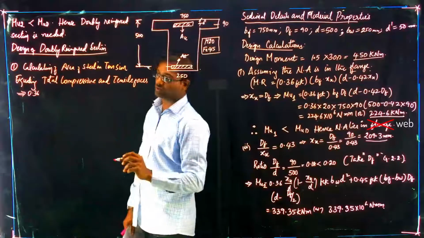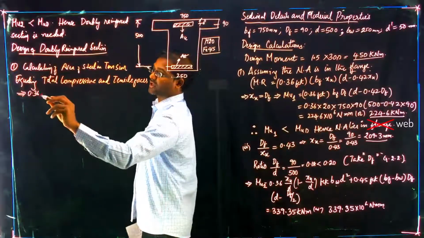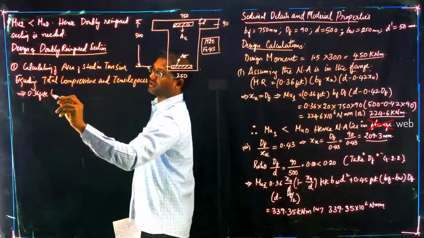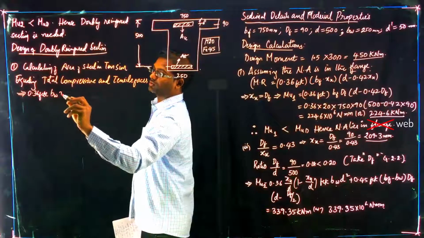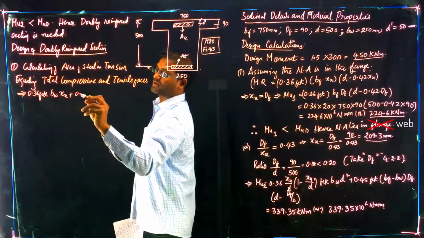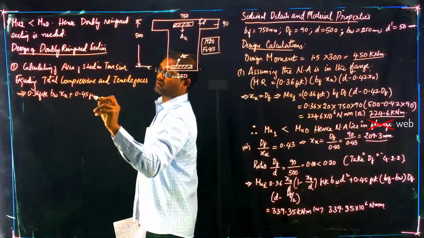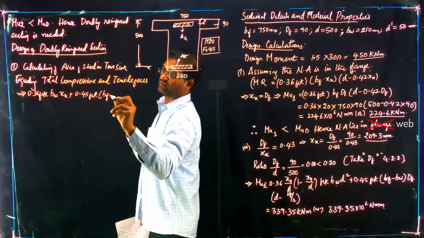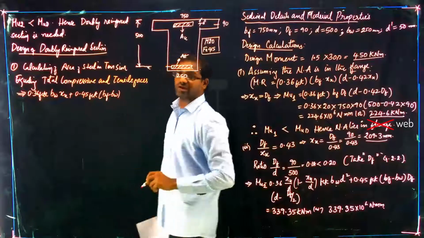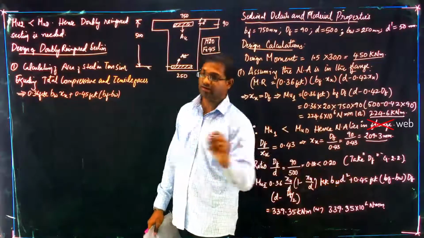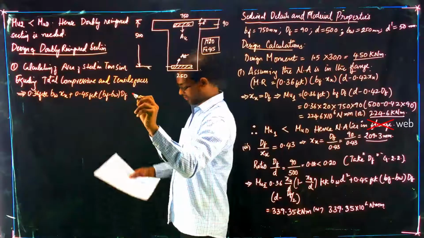For T-beam we have to do it: 0.36 fck bw xu plus 0.45 fck into bf minus bw into yf, or df. We have to take df here.